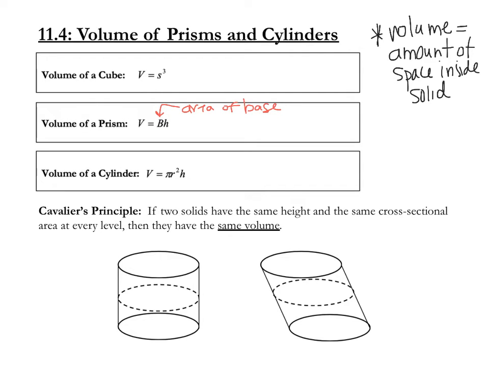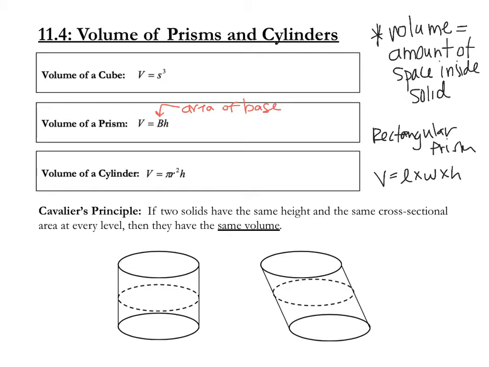And then volume of a cylinder is pi r squared H. The only other formula I want to throw in here is, you've probably seen this one before. If it's a rectangular prism, specifically only a rectangular prism, you can do the volume is length times width times height. Okay, that's a shortcut one, just like volume of a cube.